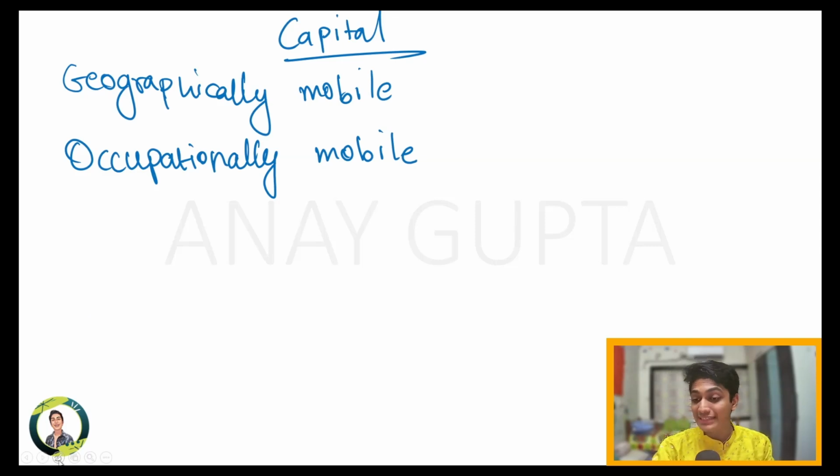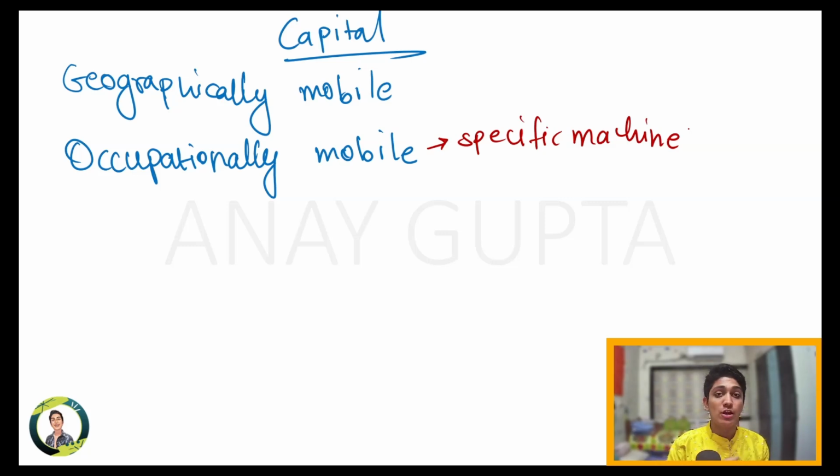Now, if there is a very specific machine, then yes, that will be occupationally immobile, because it is designed to do a specific function and it cannot do another function because it has not been programmed to do that. So that machine would be occupationally immobile.